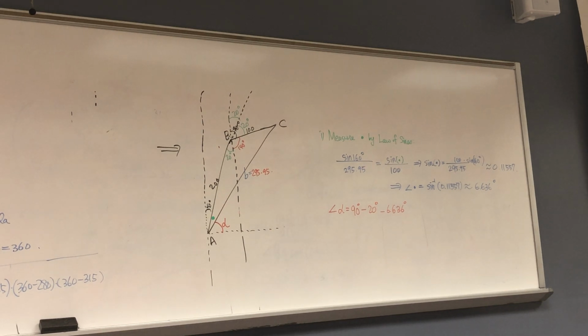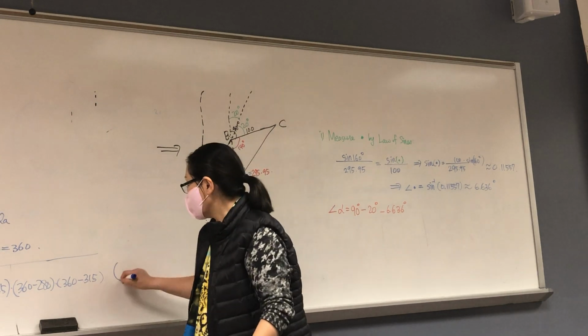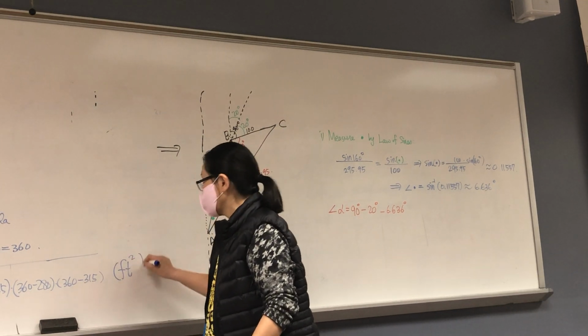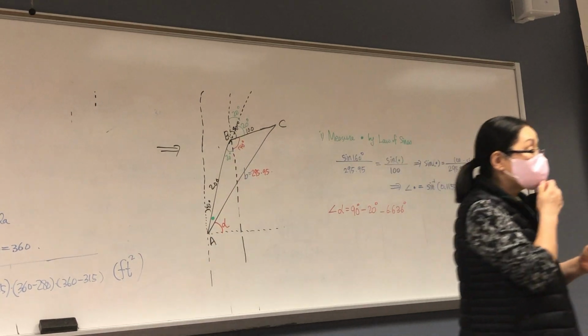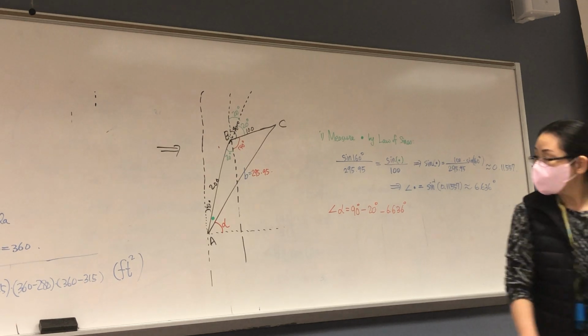That's your answer. What is the unit? Because area, it is square feet. Easy, simple. So this is Heron's formula to measure the area of a triangle when you know the three sides. Good.